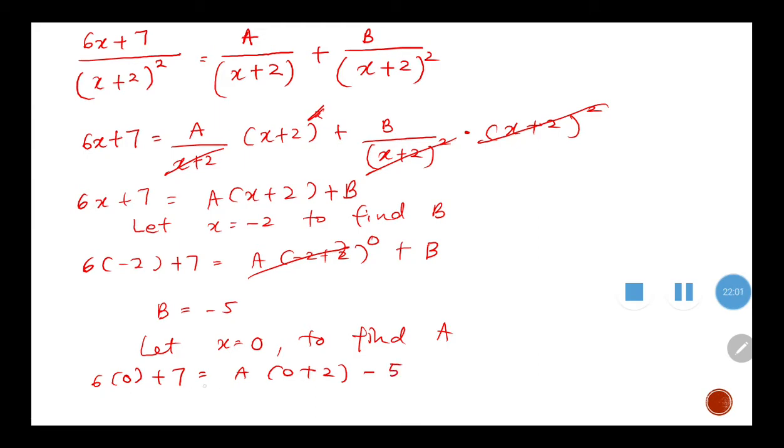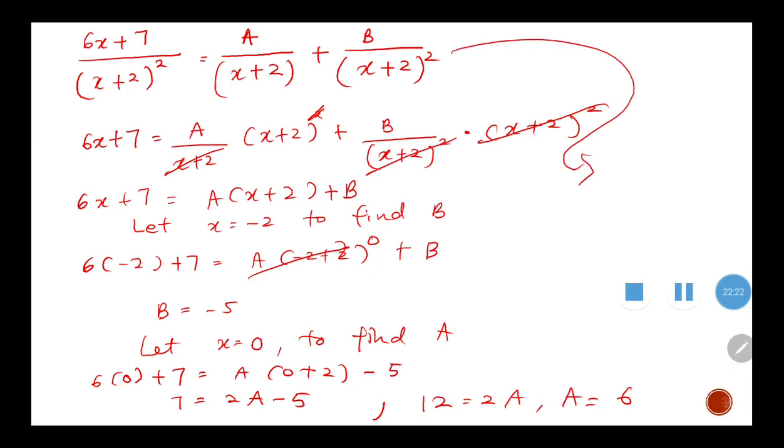You will have 7 equals 2a minus 5, and you will get 12 equals 2a, where a is 6. Then put it into this equation here, where a is 6.